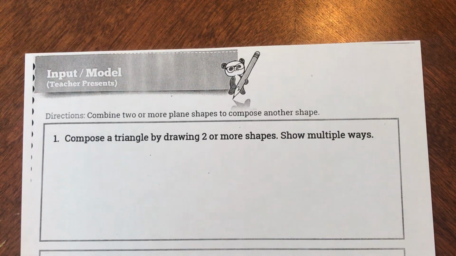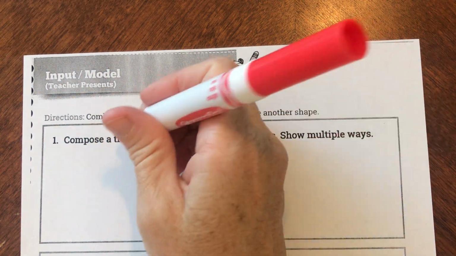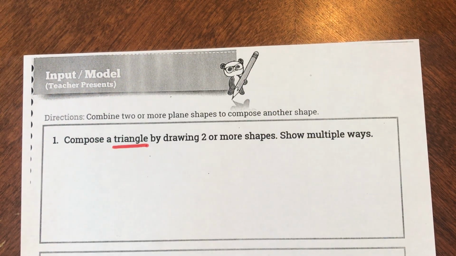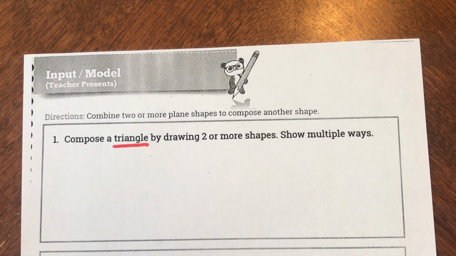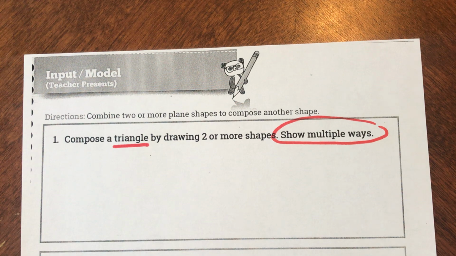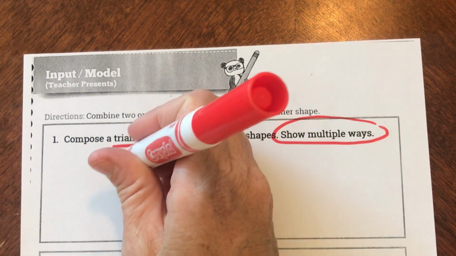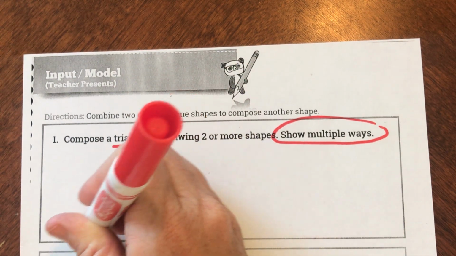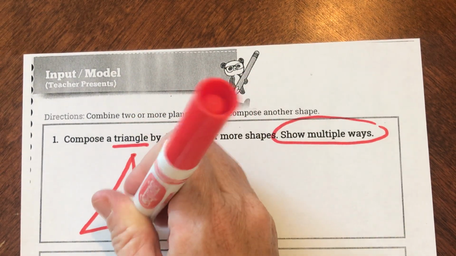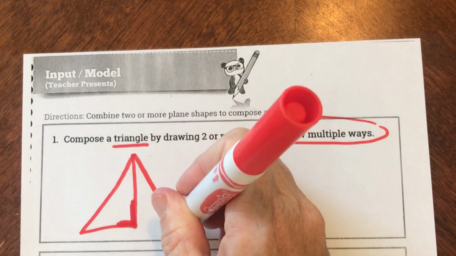My first problem tells me to compose a triangle by drawing two or more different shapes. They also want me to show multiple ways, which means they want more than one answer. So I could draw a right triangle, and a right triangle, remember, has some sort of L in it, with another right triangle.